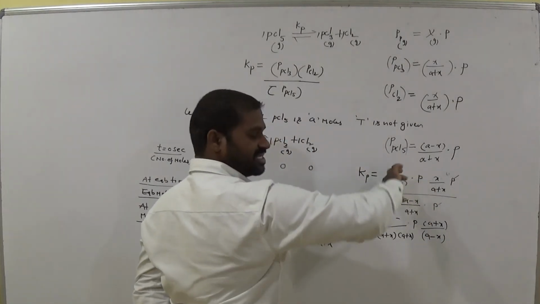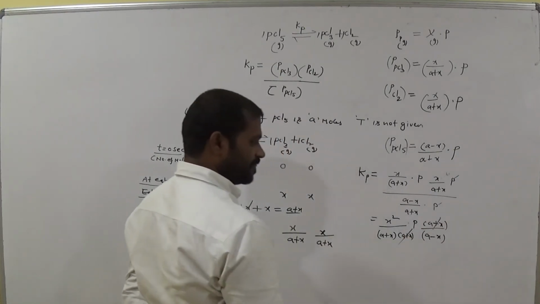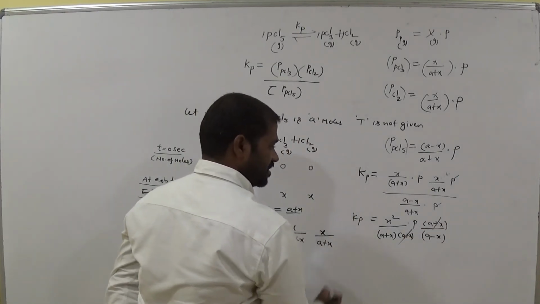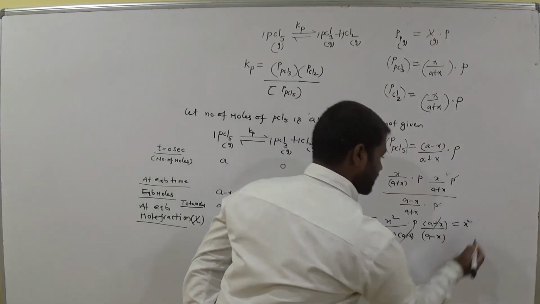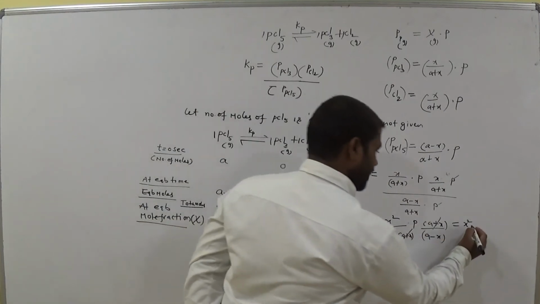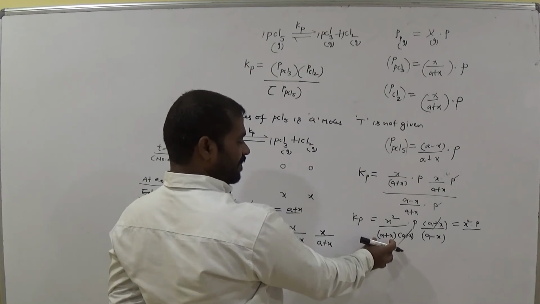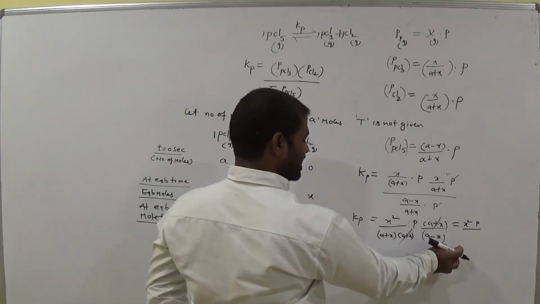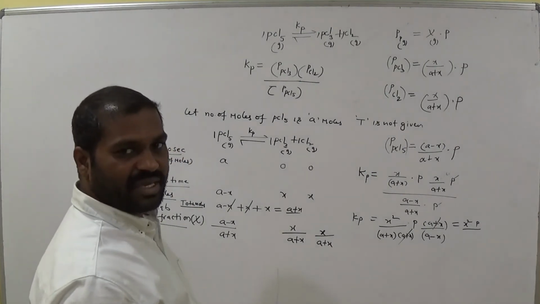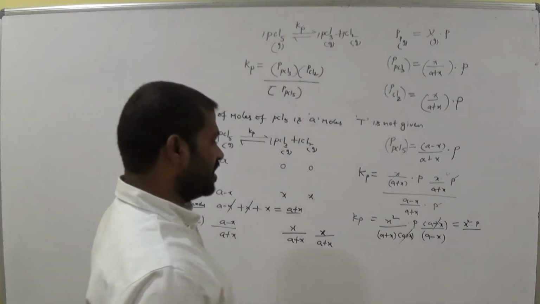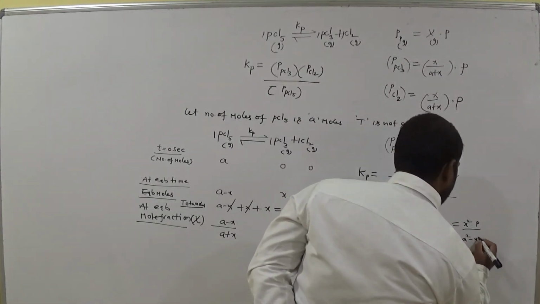Now cancel A plus x and A plus x also, that is Kp. So x square into total pressure by (A plus x) into (A minus x). How much is (A plus B) into (A minus B)? A square minus B square. Like that, here it is A square minus x square.